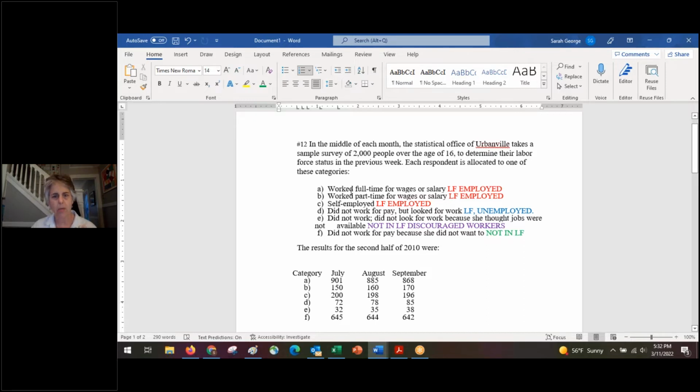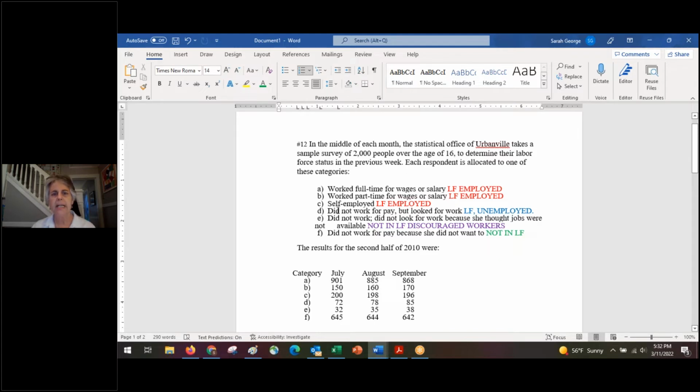In A, they work full-time for wages and salary. I'm going to call that in the labor force and employed. In B, they work part-time, but they worked, so they're in the labor force and they're employed. Number C, they're self-employed, they're working, so they're in the labor force and they're called employed.